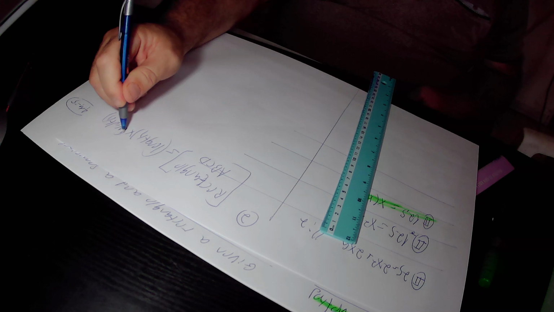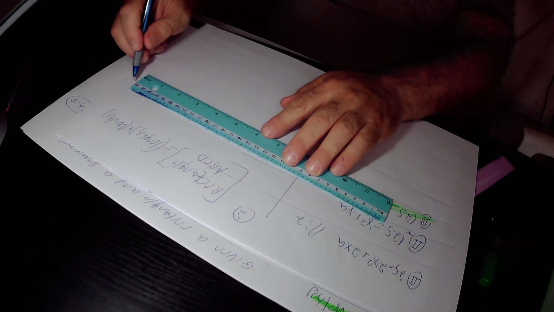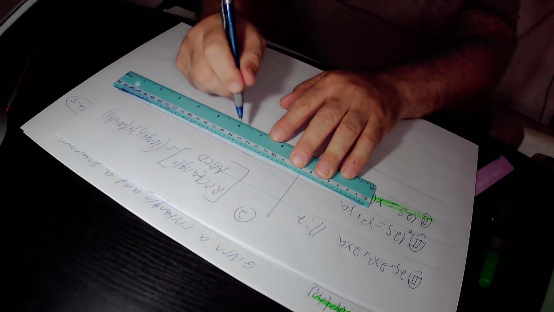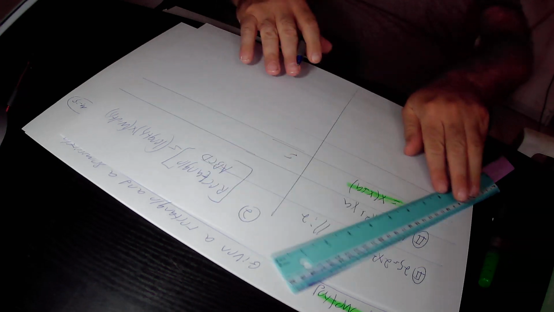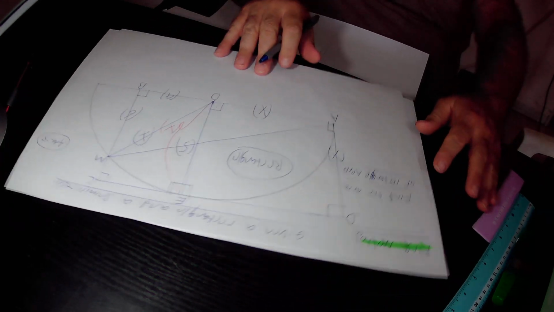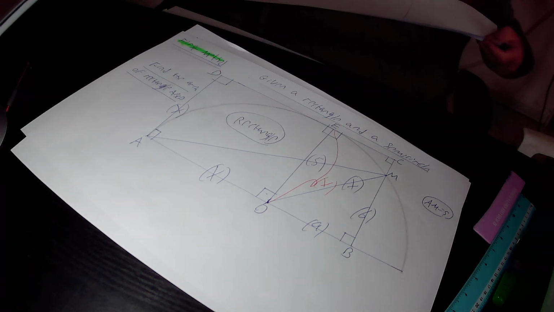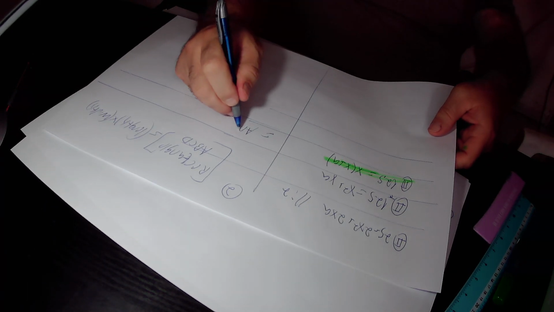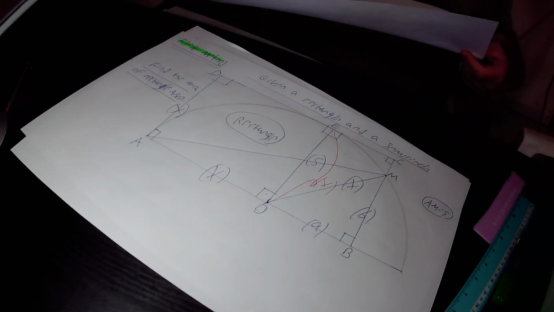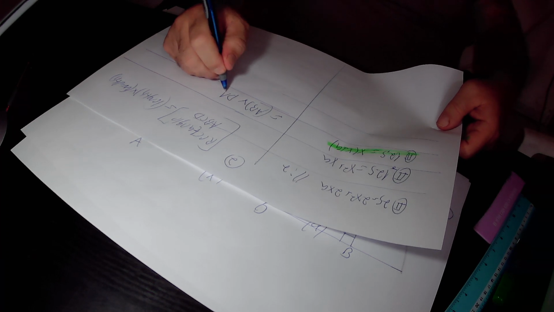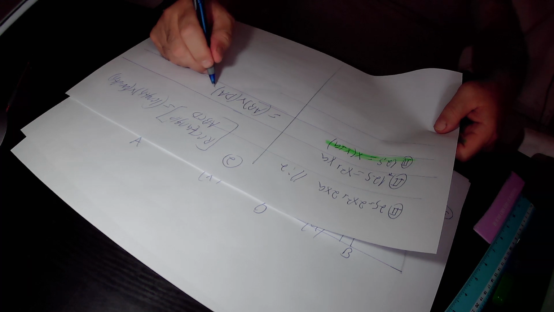Therefore, the area of rectangle ABCD must be equal to the length of the rectangle ABCD times the width. The length of this rectangle ABCD is AB, times the width. The width is DA. So in total, the area of rectangle ABCD equals AB times DA.